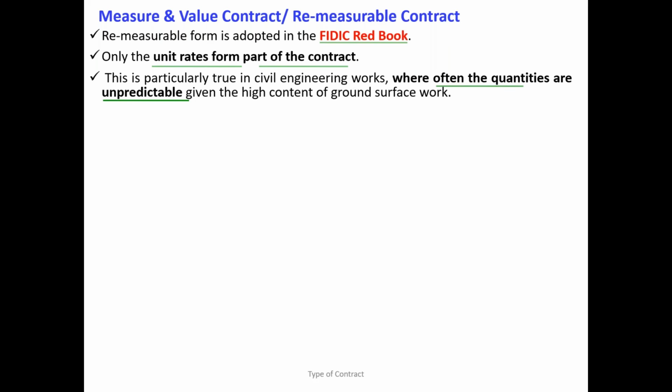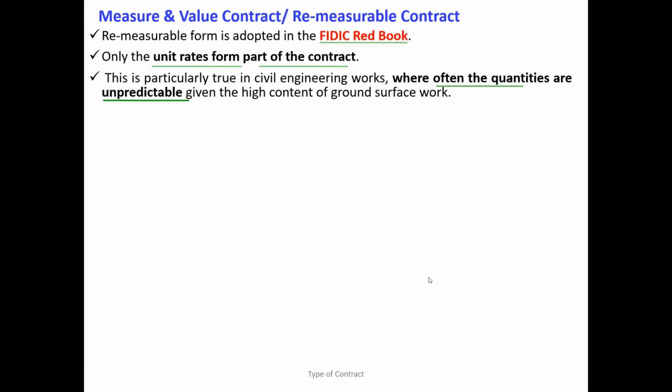For example, you are going to put the cut and fill works in the mountain to build the road, where the cut and fill quantities are going to change based on the site condition. So it is subjective, it cannot be measured. Another example is dredging work, where the quantity cannot be measured easily, or it is impossible to measure.